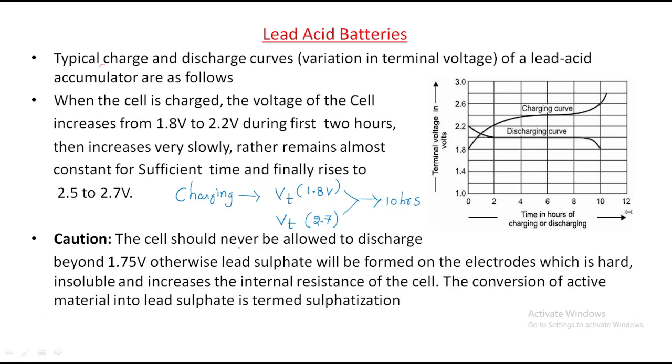Caution, the cell should never be allowed to discharge beyond 1.75 volts. The cell should never discharge to less than 1.75. Otherwise lead sulfate will form on the electrodes, which is hard and insoluble and increases the internal resistance of the cell.